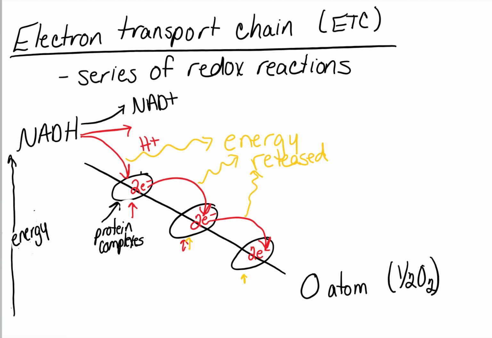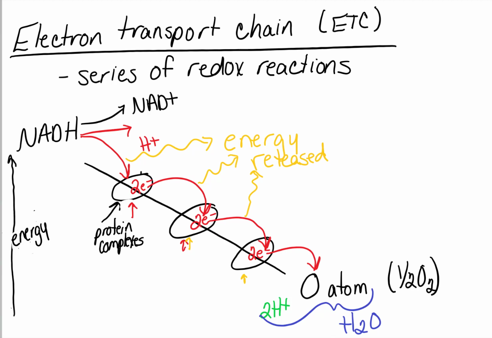At the last electron transfer, these two electrons are transferred to that oxygen atom. And when that combines with two hydrogen ions, these two electrons, the oxygen atom, and the two hydrogen ions produce water, this low chemical energy product of cellular respiration.